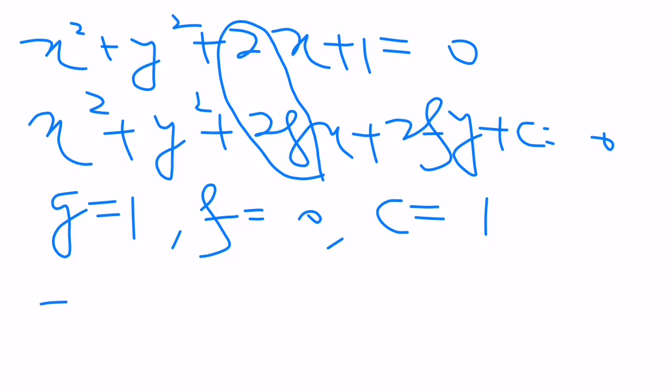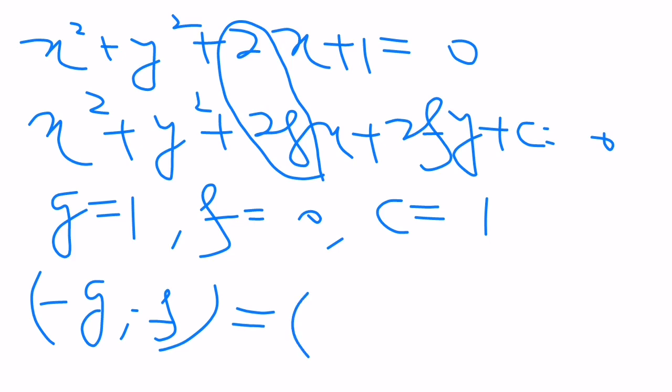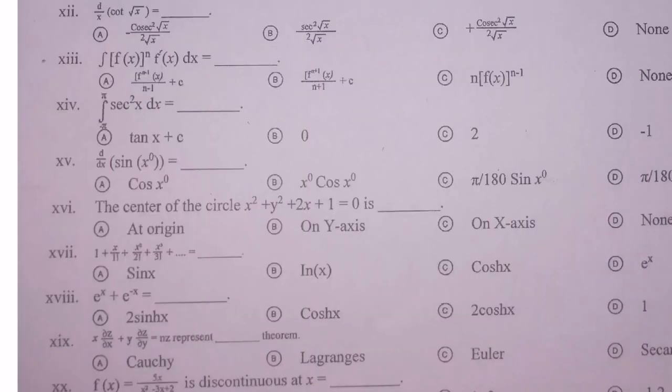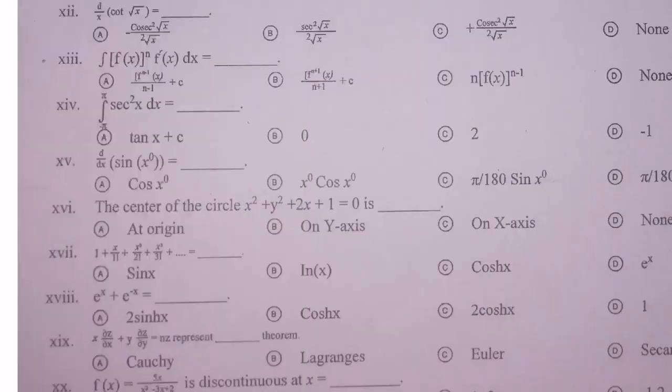So the center is minus g, minus f, but here minus g is minus 1, comma 0. So the center lies on the negative x-axis. So the correct option is B, on x-axis.